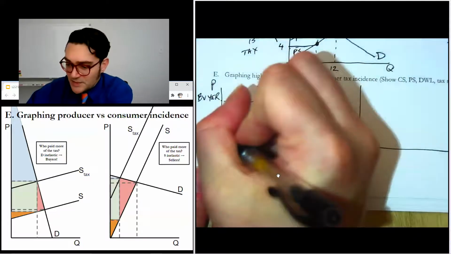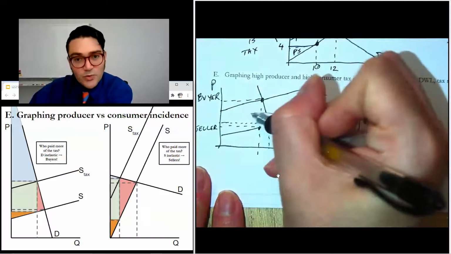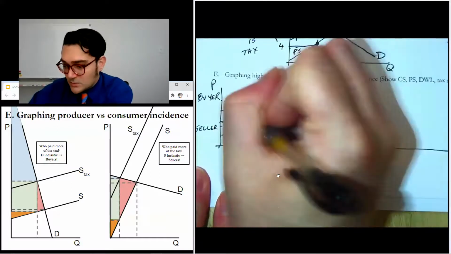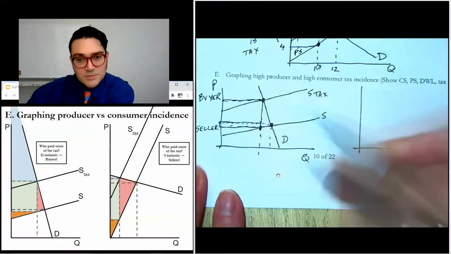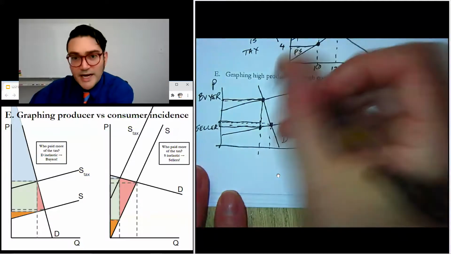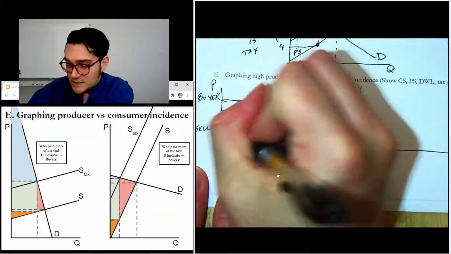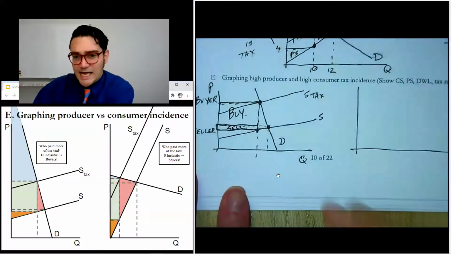But you can see here the seller. And so which one of these paid more of that box? Well, all of this part of the box was paid by the buyer, and this part of the box was paid by the seller. So clearly the buyer gave up a lot, right? The buyer's burden is here, and the seller's burden is there. And so obviously the buyer has a pretty big tax burden.